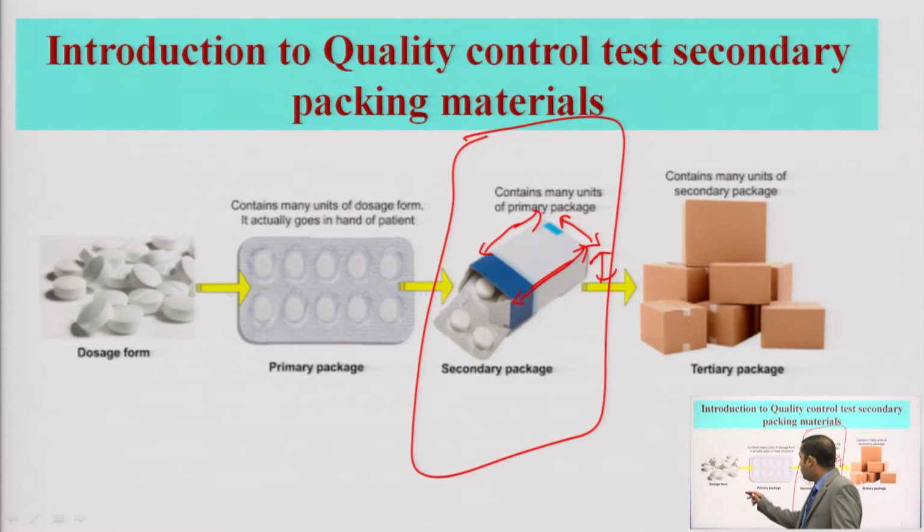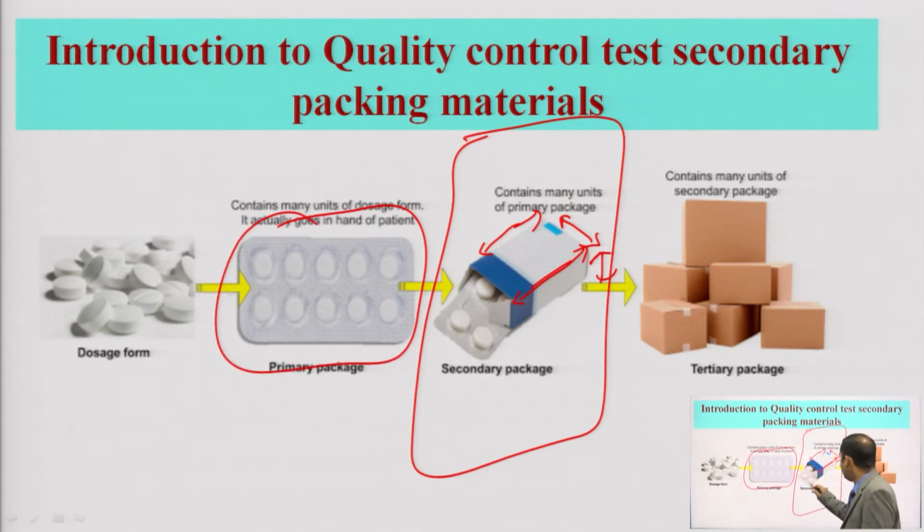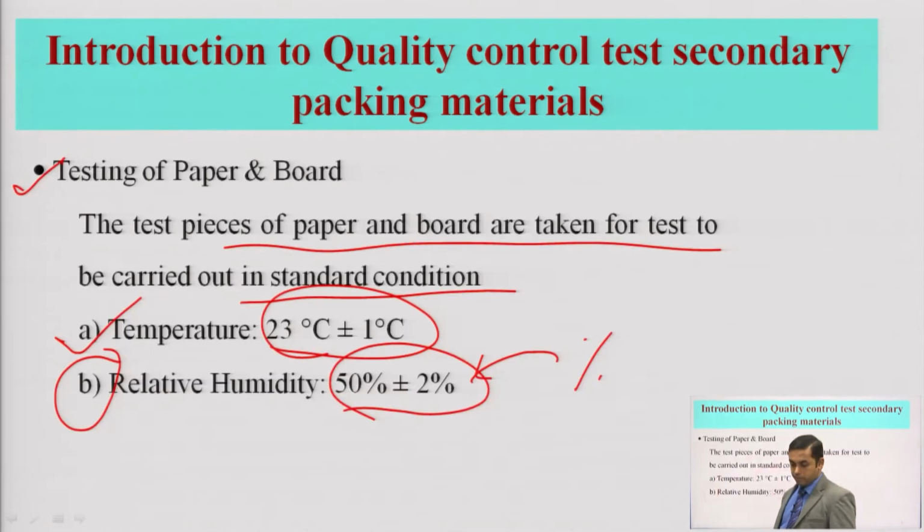This is important because it relies on the size of your primary package. You can see here I have shown only one unit. If you increase the size, you can add another unit, and if you increase the size more, you can add another unit. That is why length, breadth and width are very important.